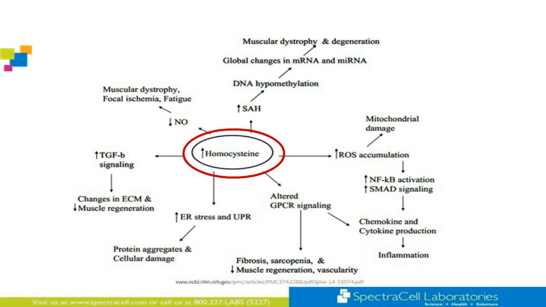If we start at the very top, elevated homocysteine will lead to increased S-adenosylhomocysteine, which can go on to DNA hypomethylation, and then on out to muscular dystrophy and degeneration. Over to the left, again, fatigue can be a consequence. To the right, increased reactive oxygen species, which can lead directly to mitochondrial damage.